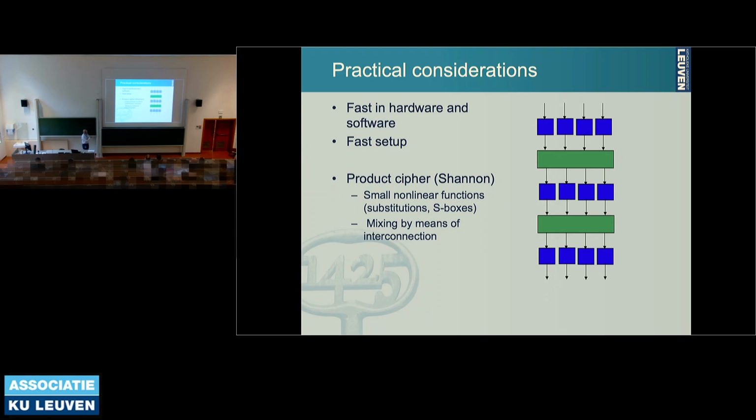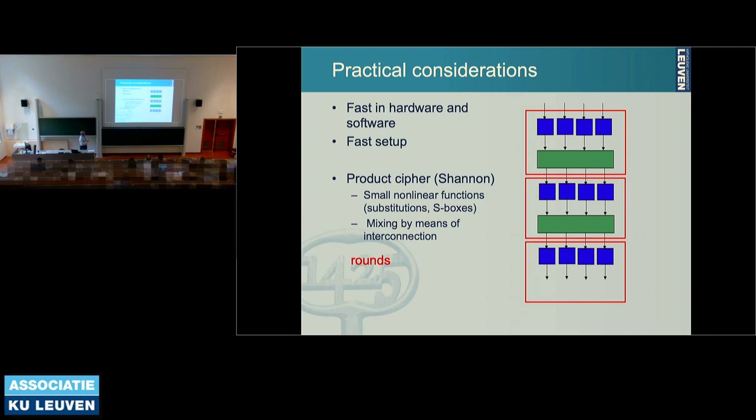For modern usage, this would still be too weak, but the idea of how to get it secure is obvious. You just keep on repeating the green mixing layers and the blue substitution layers until in the end these equations are complicated enough. And that's where we get the concept of rounds in a block cipher from.